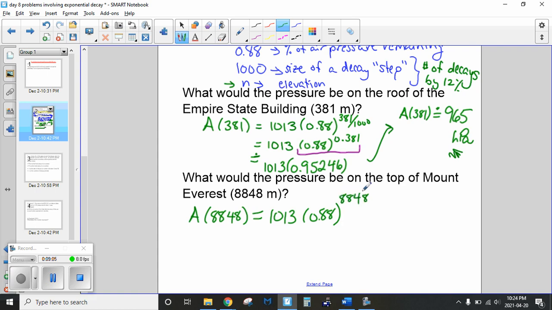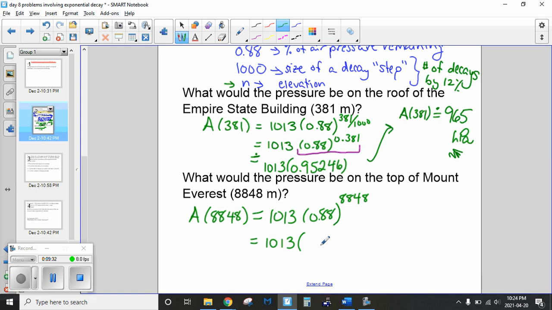8,848. Again, we're going to evaluate the exponent part of that first. And that answer is, whoops, 0.88 to the exponent 8848.